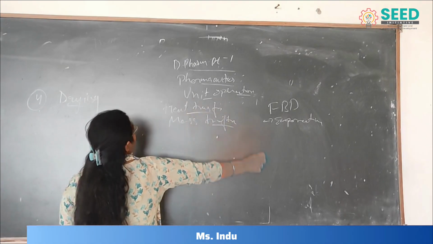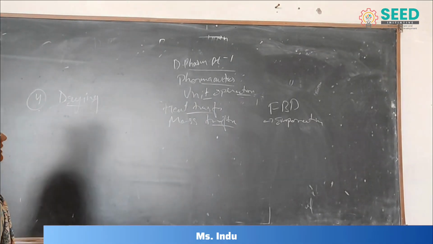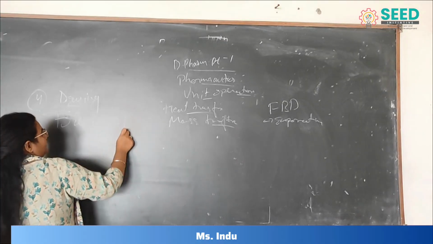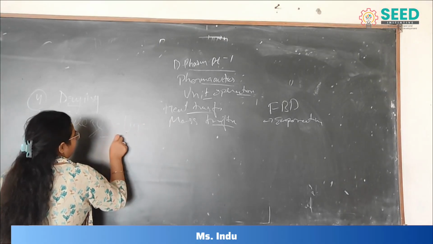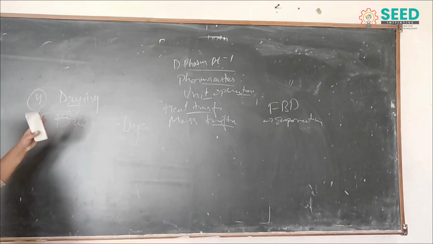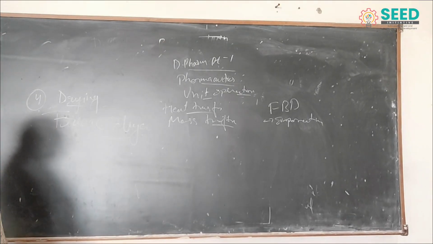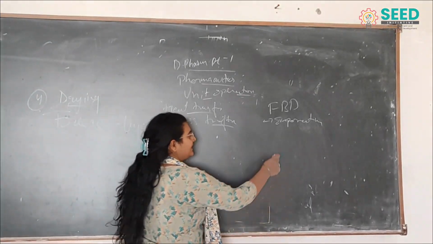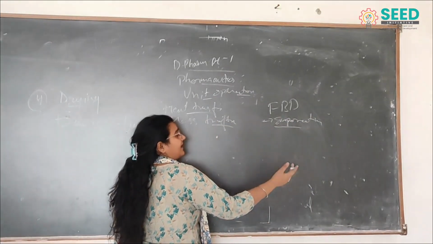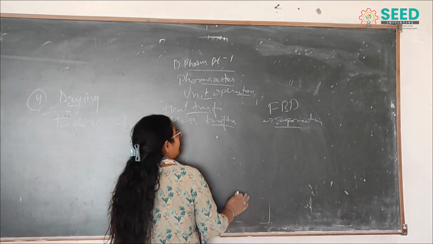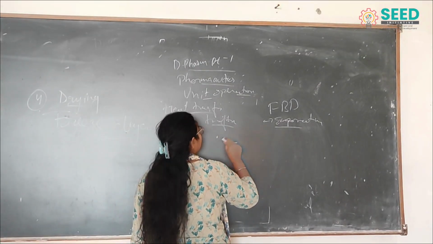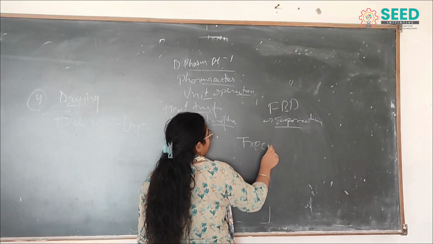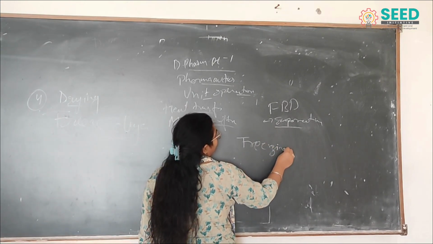But now we are going to study the freeze dryer. It's a completely different process and a different approach in the drying mechanism. Where heat is applied to dry off any material, here we use the freezing point for the drying.